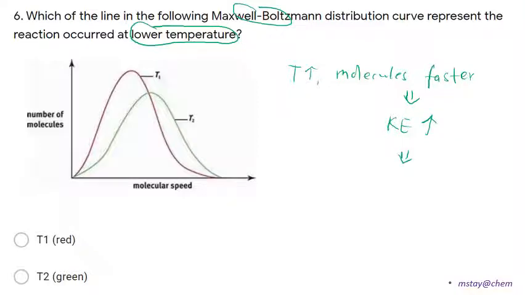If we look here, the x-axis is the speed, so the speed also will be increased. But the question asks us for the lower temperature, so that means the speed of the molecules is lower. So that's why T1, or this red line, represents the lower temperature.